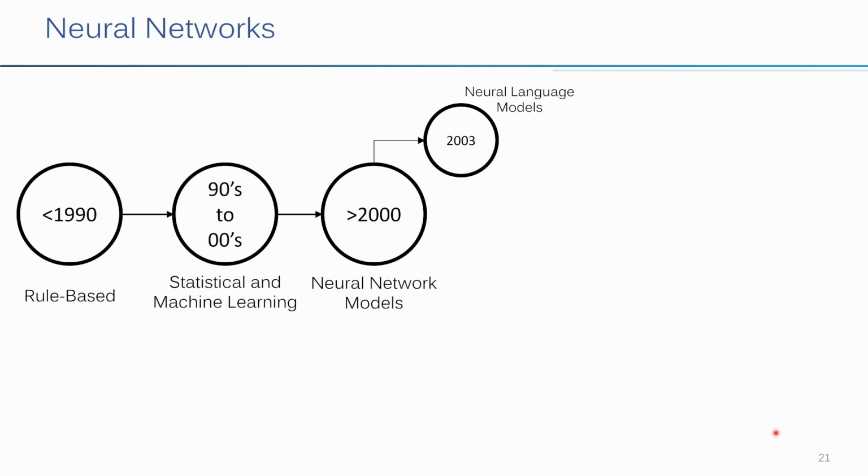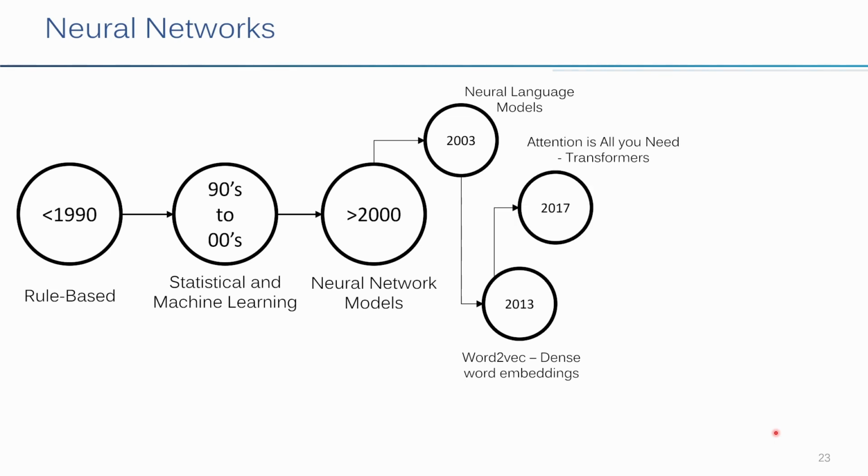In 2003, we had the neural language model provided by Yoshua Bengio. Then 10 years after that, as we saw, the word2vec model was proposed, which starts shifting things from sparse representation to dense word embeddings. Then in 2017, Attention Is All You Need, which is the basic architecture of Transformers, was proposed, and this got a lot of traction.